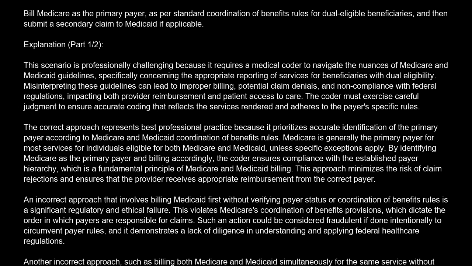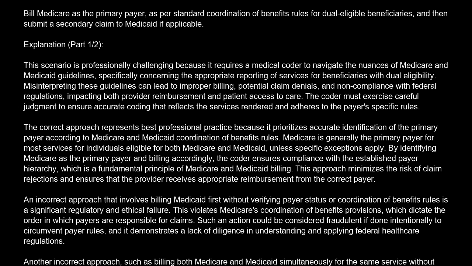The coder must exercise careful judgment to ensure accurate coding that reflects the services rendered and adheres to the payer's specific rules. The correct approach represents best professional practice because it prioritizes accurate identification of the primary payer, according to Medicare and Medicaid coordination of benefits rules.